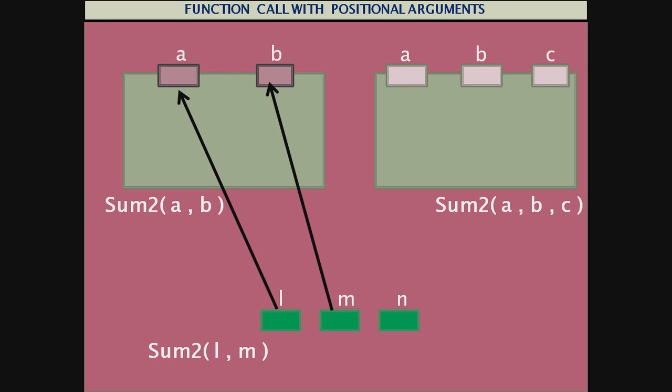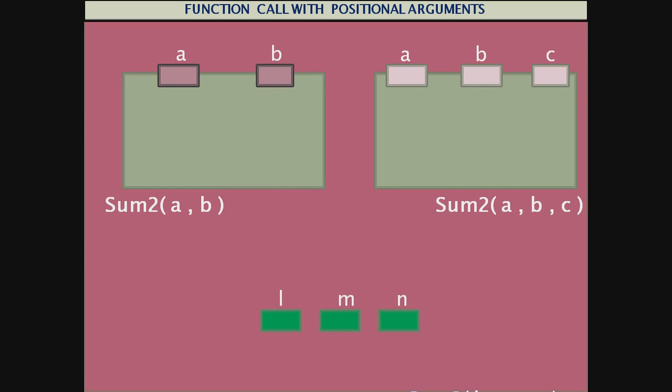L gives the value to A and M gives the value to B, sheerly because of their positions while calling sum2. L was first in the list of the arguments, and then we kept M. So L goes to A and M goes to B. So I think students, you have understood this.